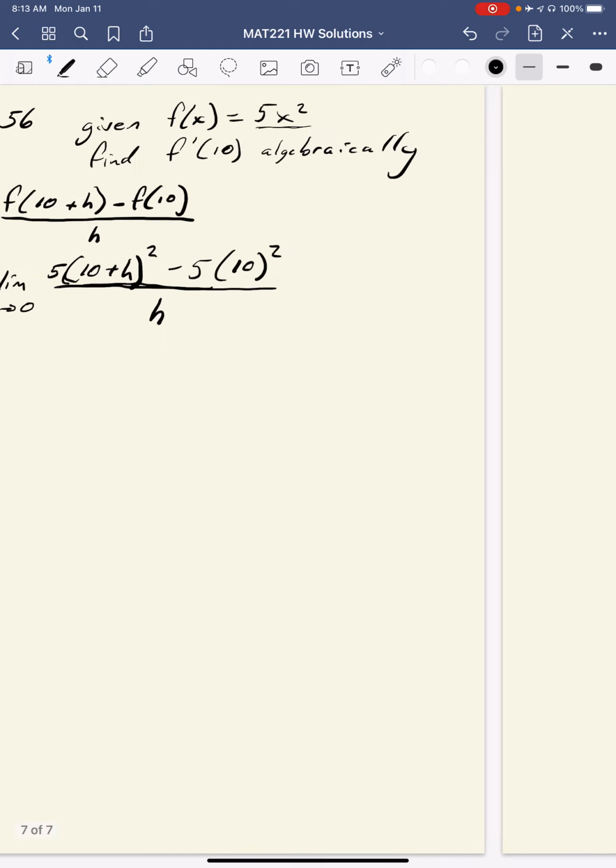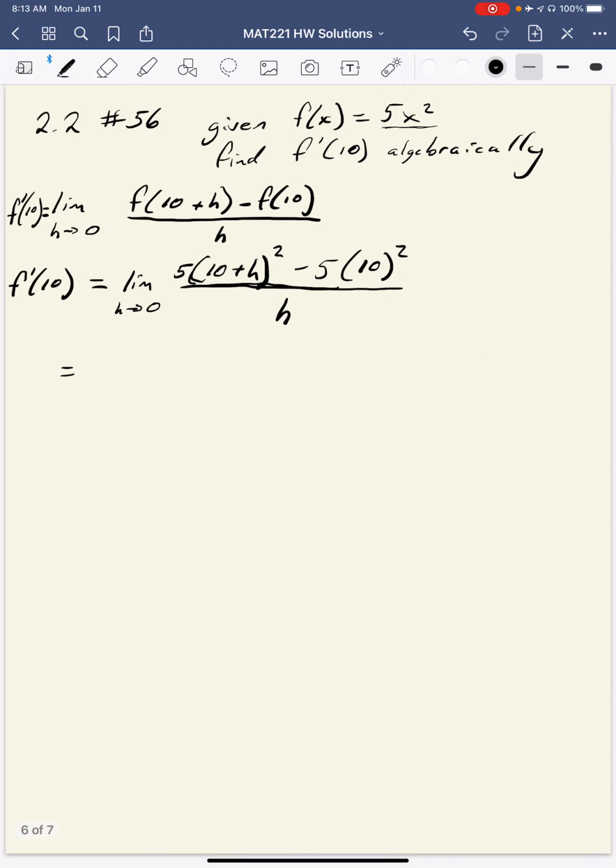So let's go back and put that in. So the derivative of the function at 10 is equal to the limit as h approaches 0 of 5 times 100 plus 20h plus h squared minus 5 times 100 all over h. And now I'm going to distribute my 5s.